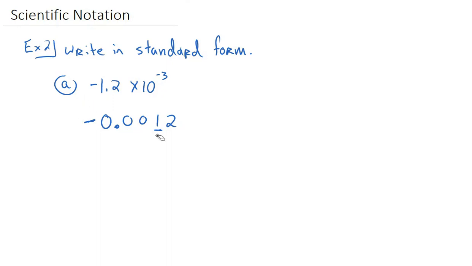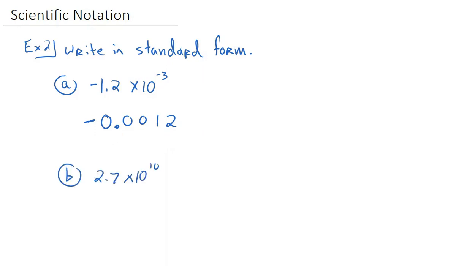If you're using little chicken scratch to help you know where to put things, clean it up so your final answer is clean. But we get negative 0.0012. So if I wanted to take this and put it in scientific notation, I would divide by 10 once, divide by 10 twice, divide by 10 3 times, and I'd get back to where I started.